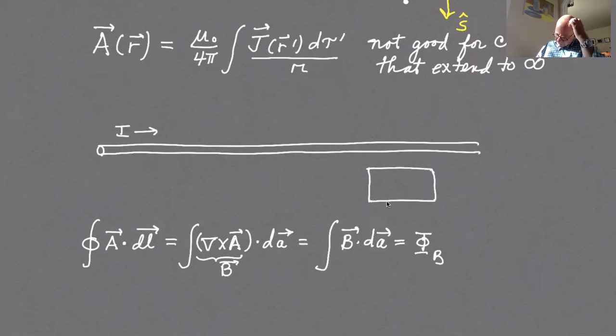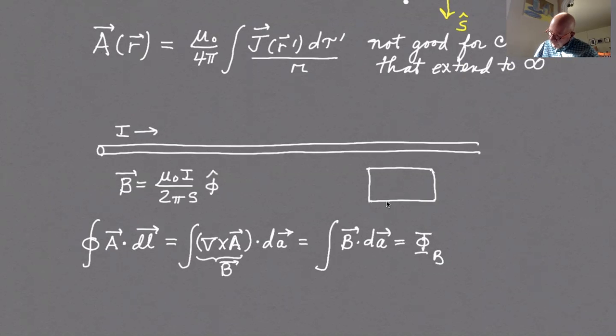Now a couple of things you ought to remember: B is equal to mu naught I over 2 pi s phi caret, where s is some distance away from that wire.